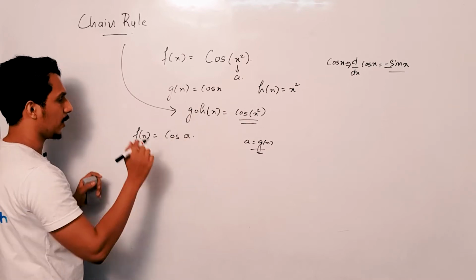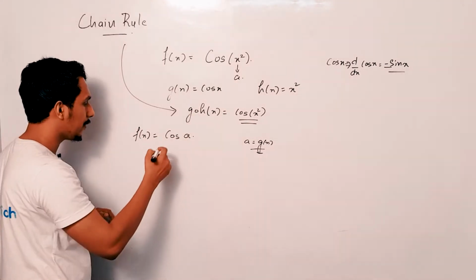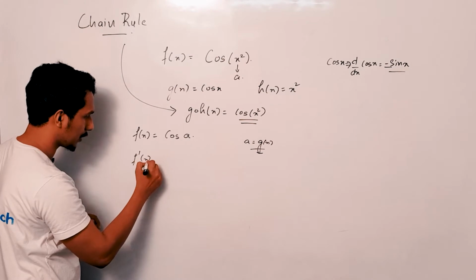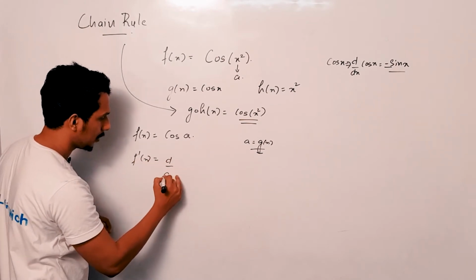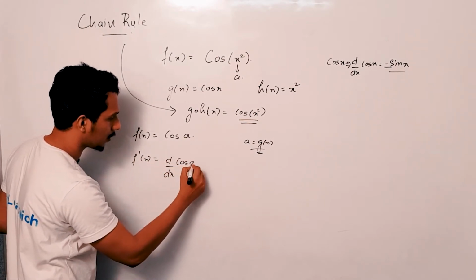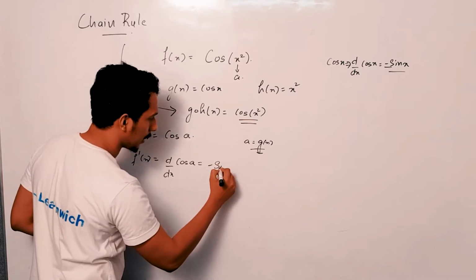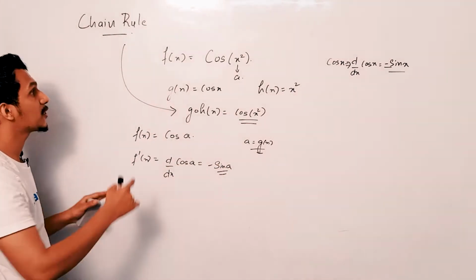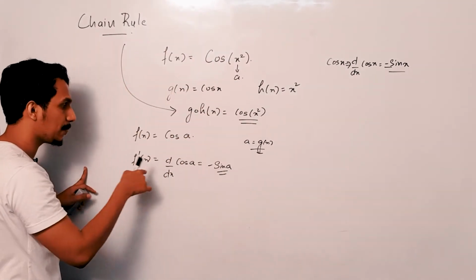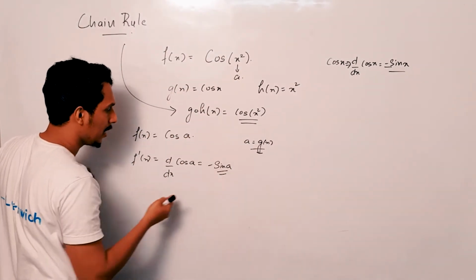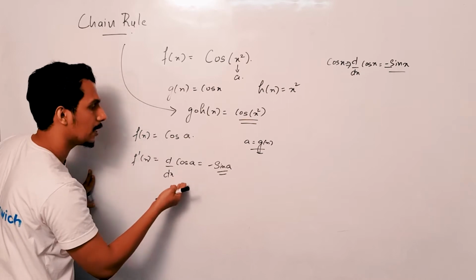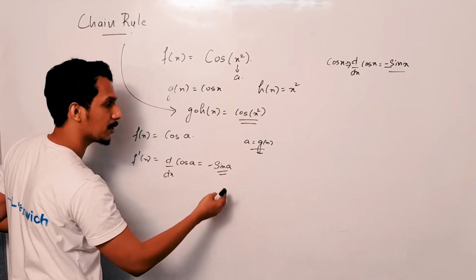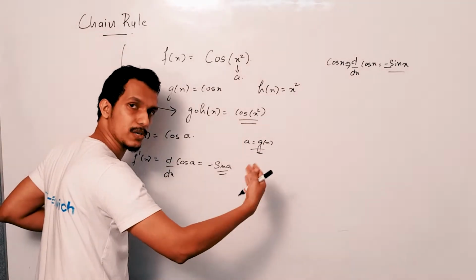Now tell me, can I find f dash x? Of course I can. F dash x will be d by dx of cos a, which is minus sin a. But it is not over. That's where the chain rule comes in. When something happens, it sets a chain: you find the derivative of the first function, then you go to the derivative of the next function, and you keep checking if there are more functions coming up.